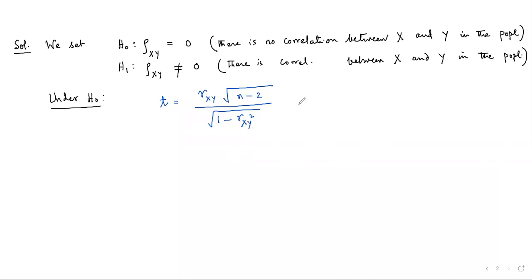This statistic follows a t distribution with n minus 2 degrees of freedom.